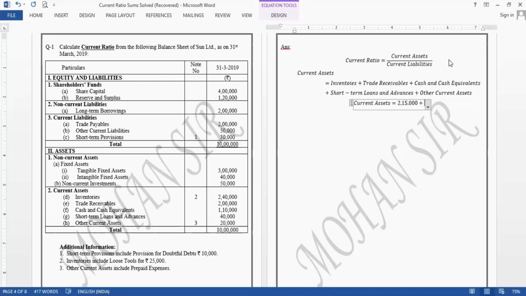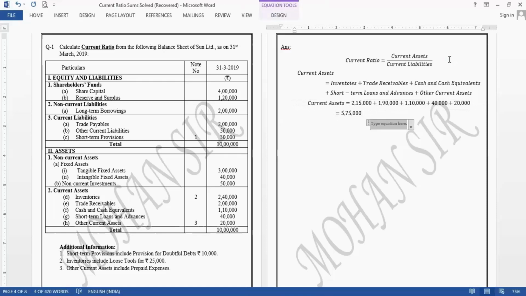So after deducting 10,000 from 2 lakh, the remaining amount for trade receivables will be 1,90,000. Cash and cash equivalent will be taken as it is, that is 1,10,000. Short-term loans and advances 40,000, and other current assets 20,000, right? So the total of current assets will be equal to 5,75,000.